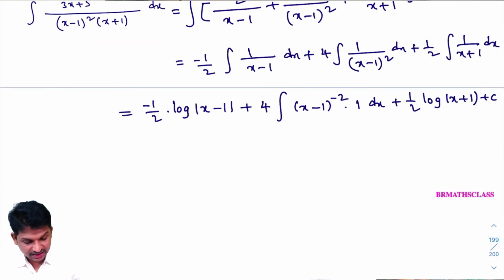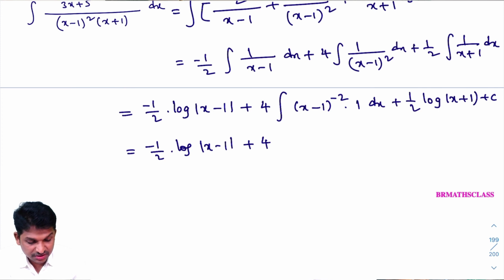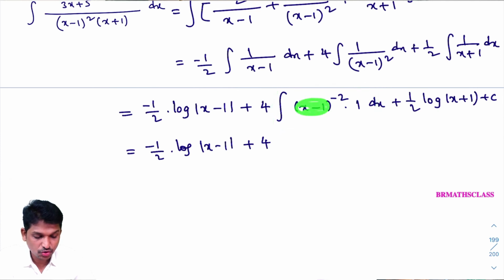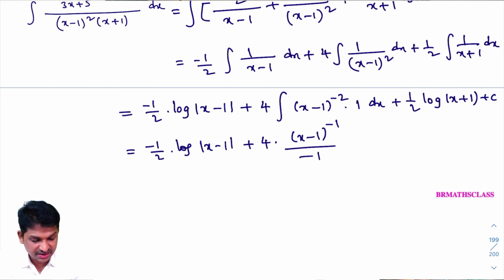That equals minus 1 by 2 into log mod x minus 1 plus 4 times, you observe this part, integral of f of x whole power n into f dash of x dx. In the last problem also we used this trick. In Model 3 we learned this type of problems. What is the answer? f of x whole power n plus 1 divided by n plus 1, that is minus 2 plus 1, minus 1, divided by minus 1, plus 1 by 2 into log mod x plus 1 plus c.